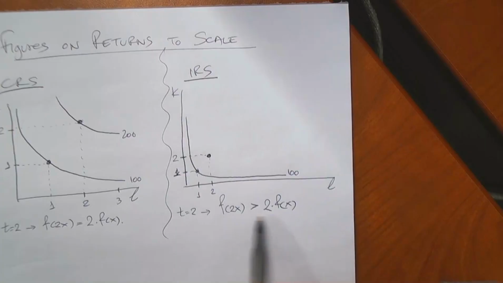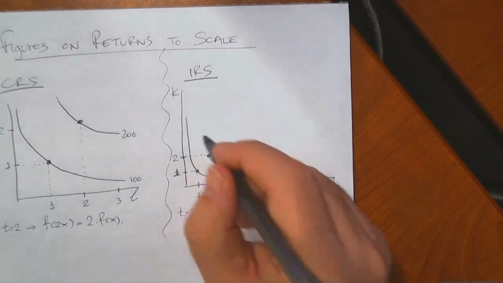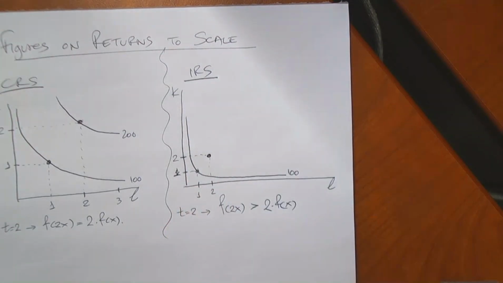So we want this to be more than 2 times that output. What could we do here? Would you just write it greater than 200? Or would you put a specific quantity, 201 or 210? You would have to put a specific quantity that eventually would be emerging from your specific functional form, right?